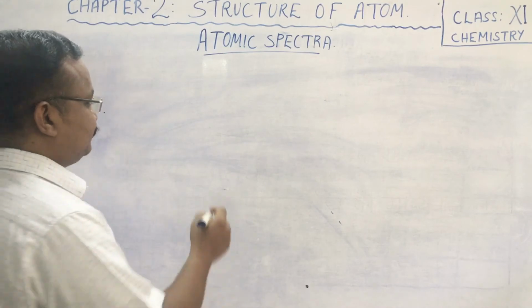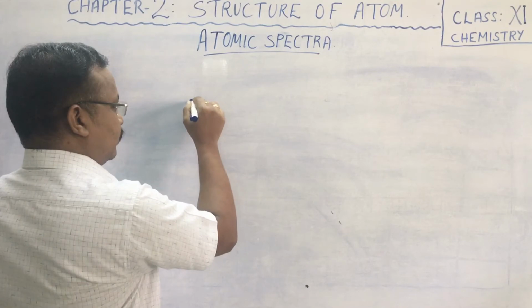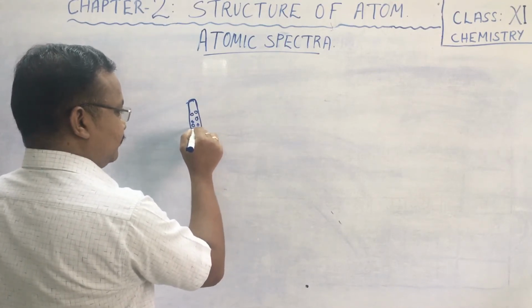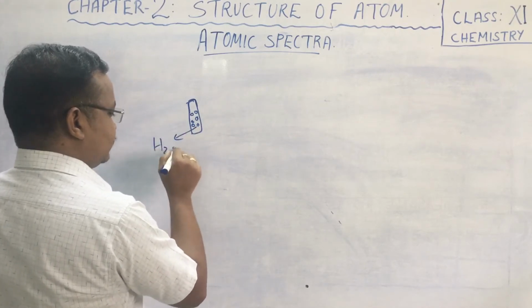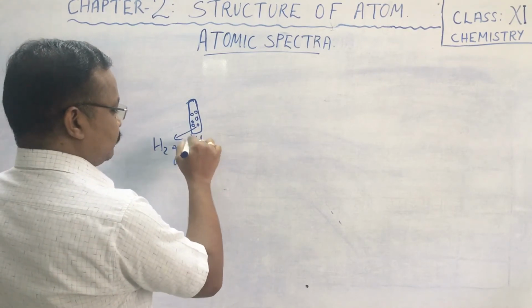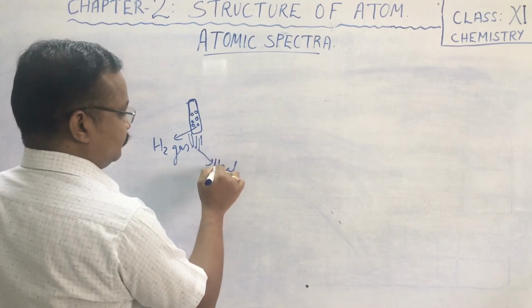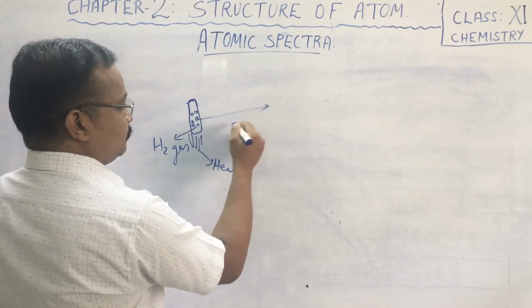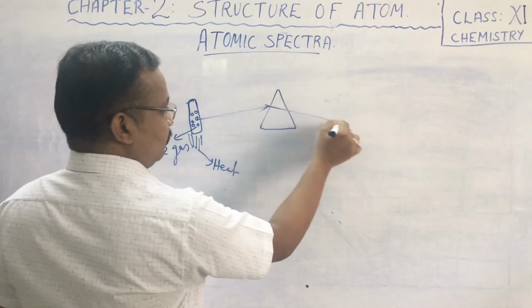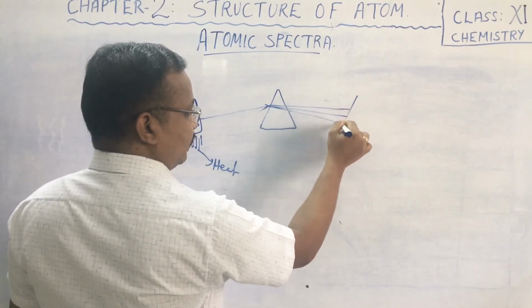Children, now listen here. If you take a cylinder or a container in which gas molecules are present, we are taking hydrogen gas, and if we heat it, then the rays produced are allowed to pass through the prism, and they will produce light of particular frequencies.